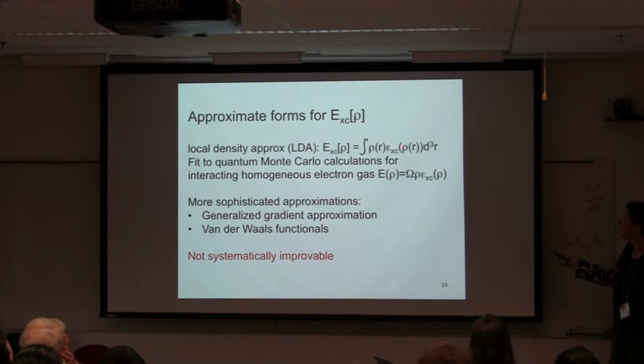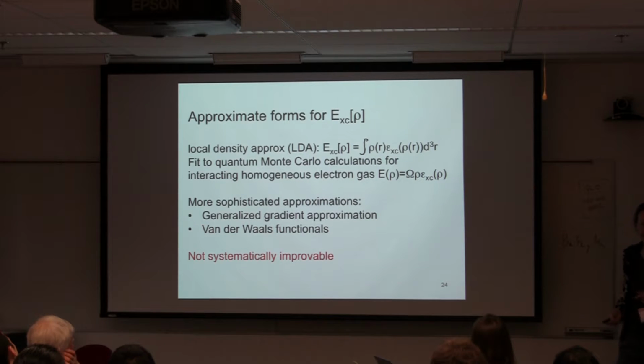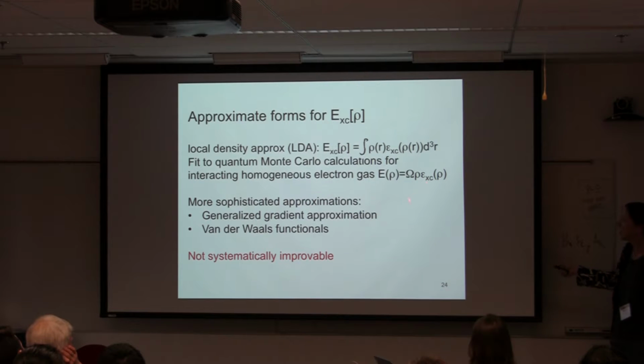This function is obtained from Monte Carlo calculations for the interacting homogeneous electron gas, where rho is the same everywhere. So that integral just turns into a volume times rho times this function. You can extract this function from the homogeneous electron gas, and this goes back to the 1970s, early 1980s.